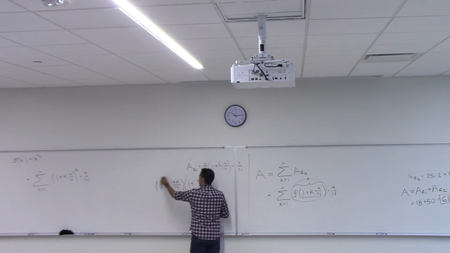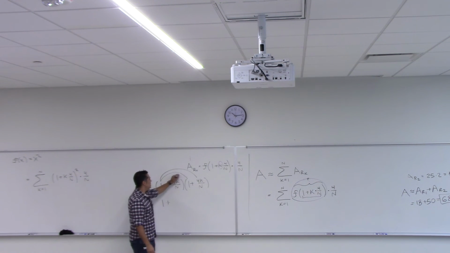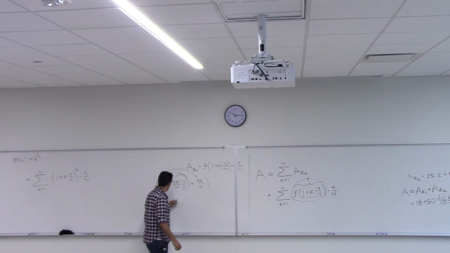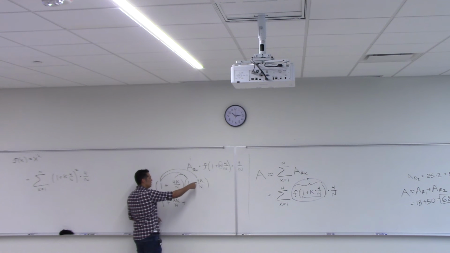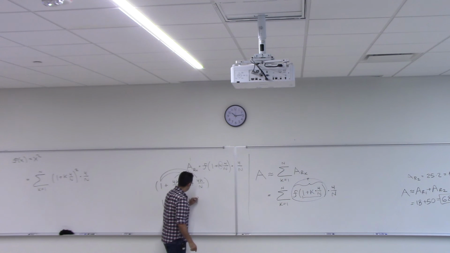So let's FOIL it. You get 1 plus, you get 4k over n, and then another 4k over n. You add those together, you should get 8k over n. And then plus the last term, 4k over n times 4k over n, 16k squared over n squared.